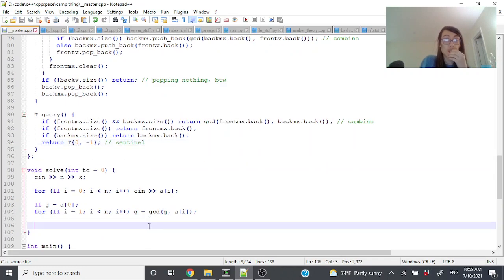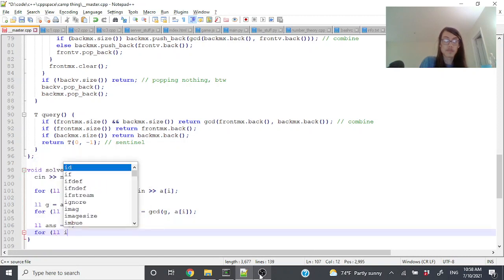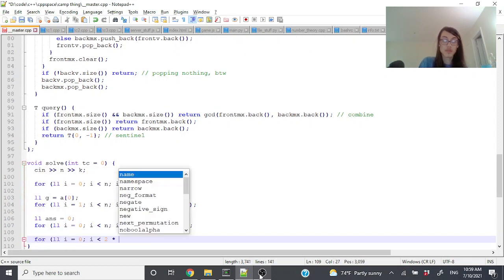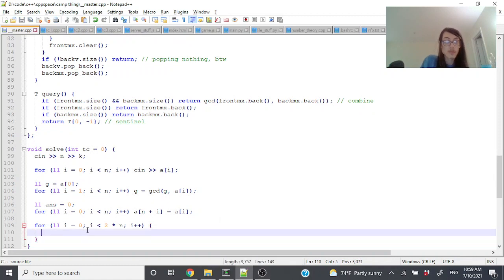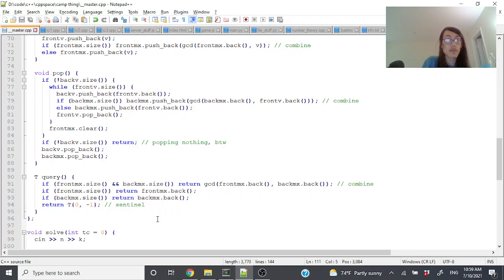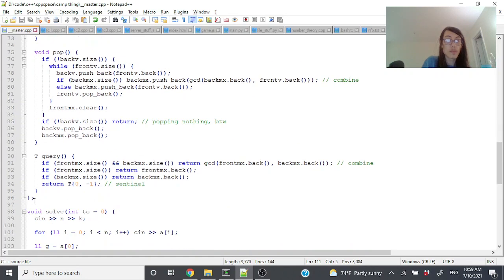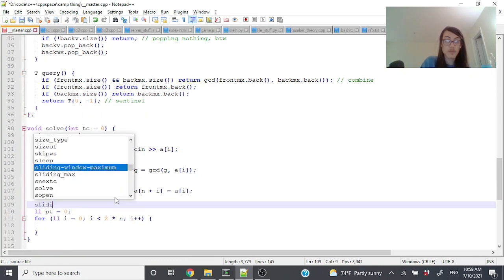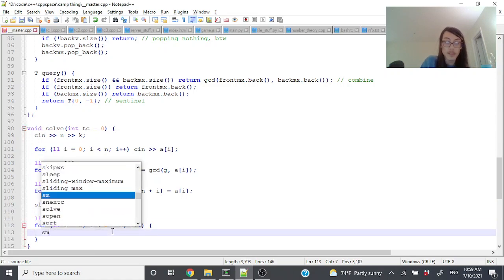0, -1. Okay, LL point is equal to 0. So sm.push AI.